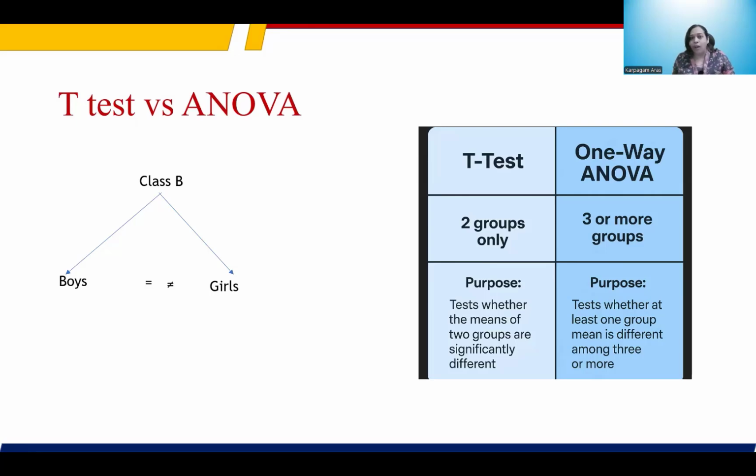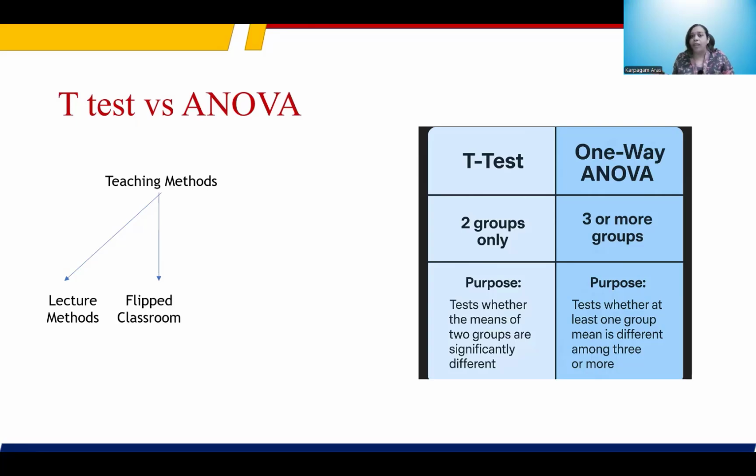When to use ANOVA? As a trainer, I'm adopting three different methodologies to train people. The first method is traditional classroom learning, where I do the lecture and people take notes. Second, I use a flipped classroom, where I give them videos and the required theoretical material well in advance, and in the class they solve problems.